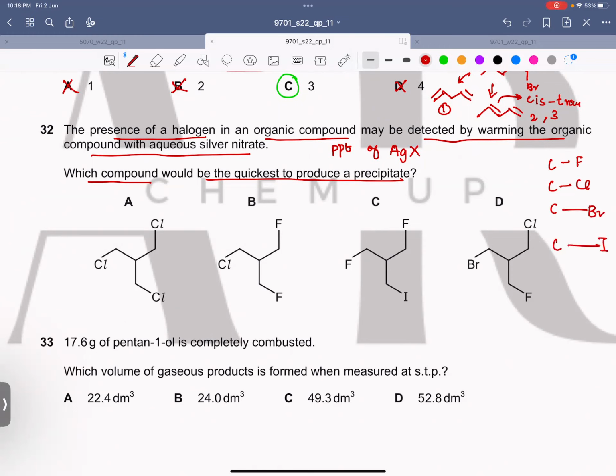So due to the greater atomic size of iodine, this makes A, B, and D wrong. The carbon-iodine bond is going to be broken more readily, which makes C the correct answer. Is this clear? Yes.